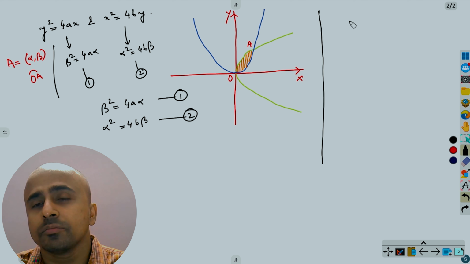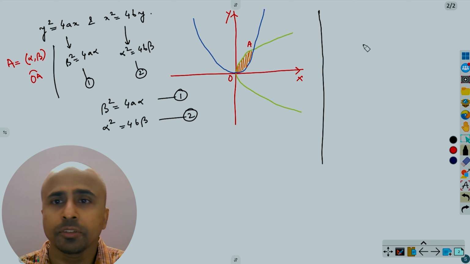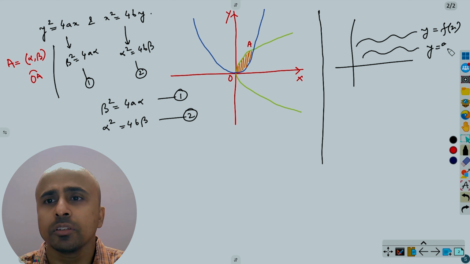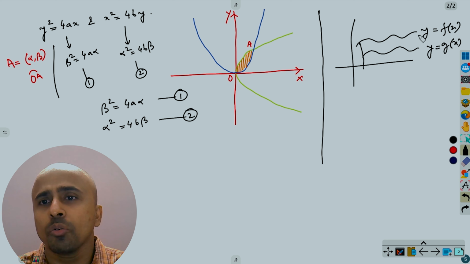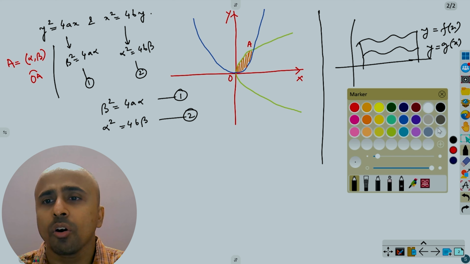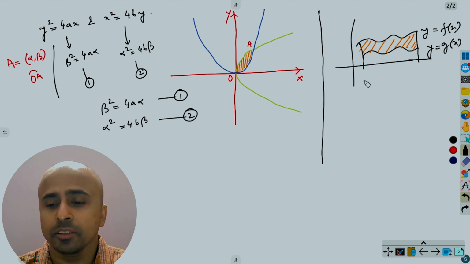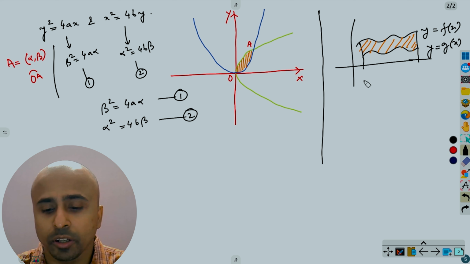So let's say we have two curves given, y equals f(x), and y equals g(x). Now can you tell me what is the area of this part? Actually this is a very conceptual kind of problem.